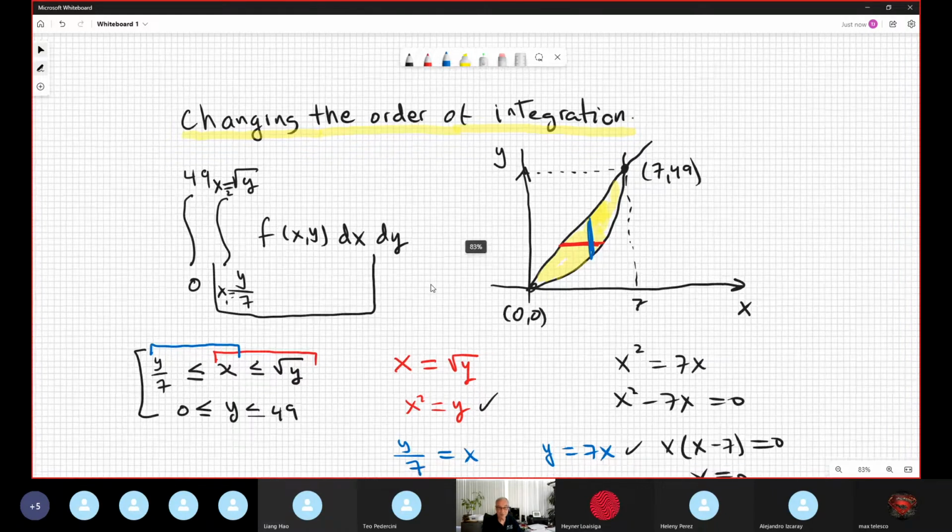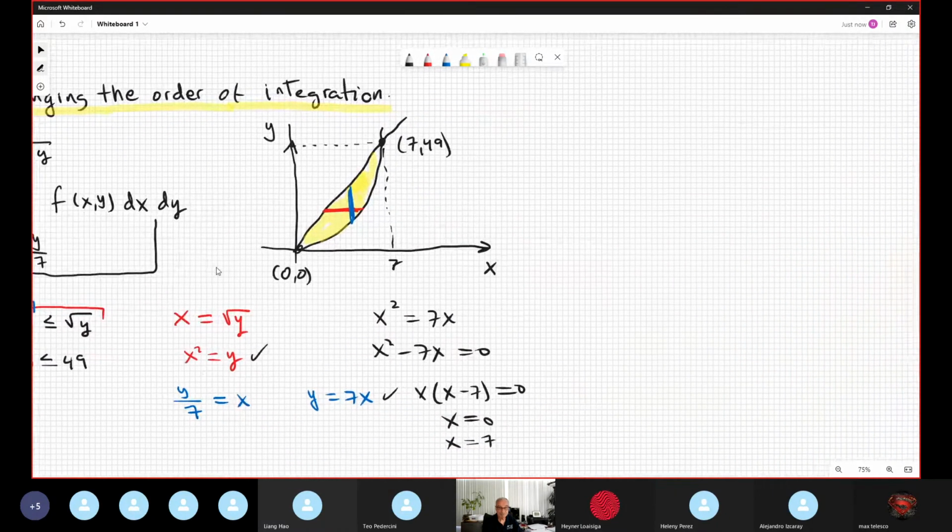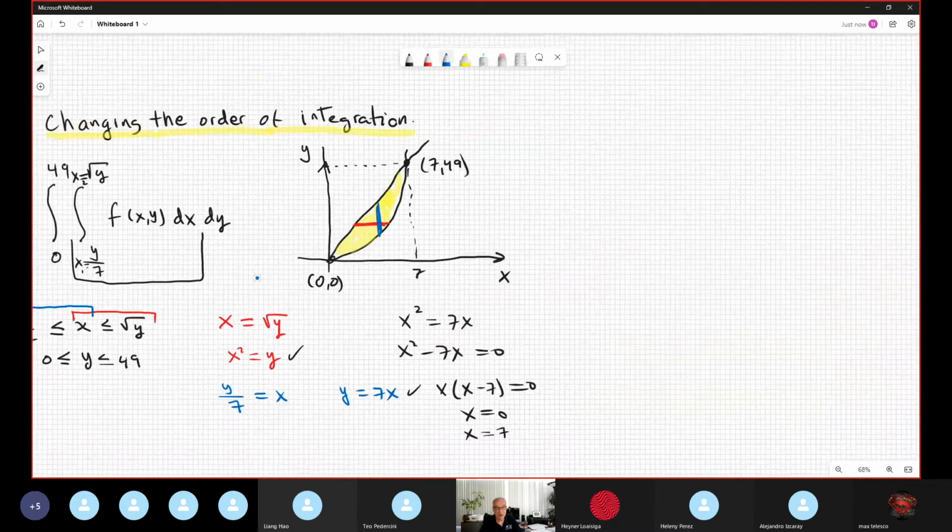This is my job: to set up a new integral, for a hypothetical function I have no idea about. When you change the order of integration, it's obvious that this limit is y.